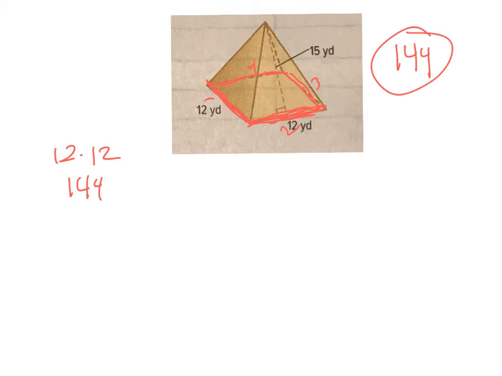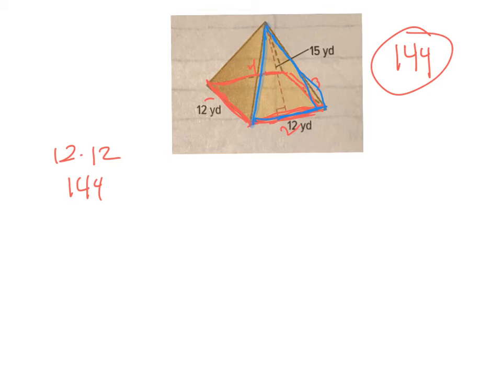So I'm going to do this in a different color, blue. So I see that I have one triangle like this. That's one of my sides. So all I have to do is find the area of that triangle and then times it by 4.